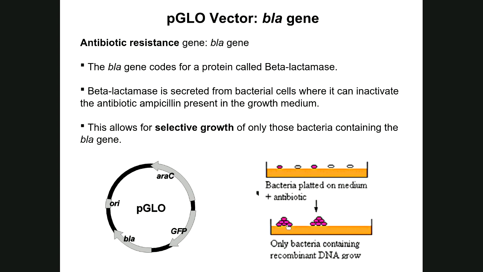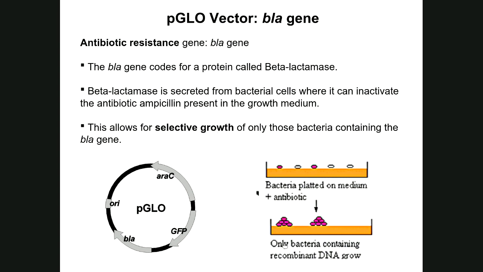Well, we call this selective growth, and that's the main purpose for the BLA gene. It's not just to convey or pass on the trait for antibiotic resistance to bacteria that originally were not resistant to the antibiotic ampicillin, but it's to allow us to perform selective growth.